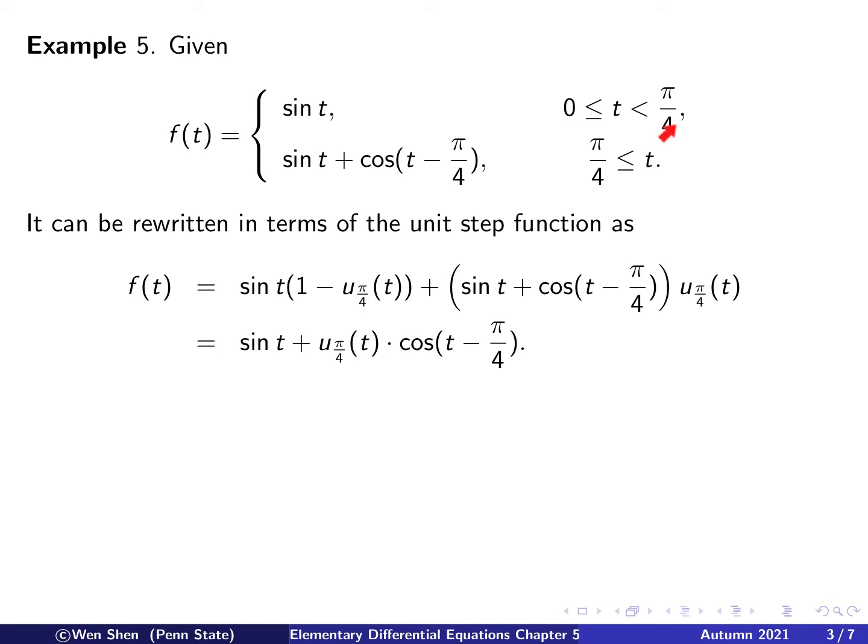So here it will be pi over 4. And then you add the step function starting from there, u of pi over 4 of t, multiplied by the difference between this function and the previous one. So it will be this minus that, where the sine t cancels, and you have just cosine, and that's what you get here. Okay, so that's probably a quicker way of reaching this expression.